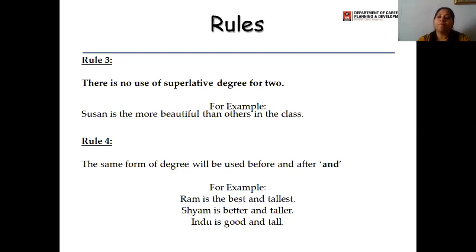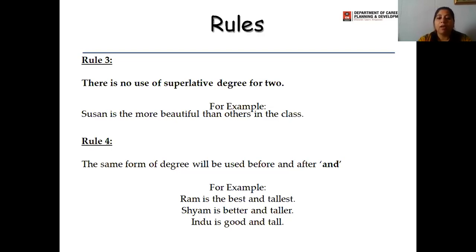Next, the same form of degree will be used before and after "and". This means if we are using the conjunction "and" in a sentence, then whichever degree we use in the first part, we have to follow the same after "and" as well. Examples: Ram is the best and tallest. When we use the superlative degree in the first place, we have to use the superlative degree after "and" as well.